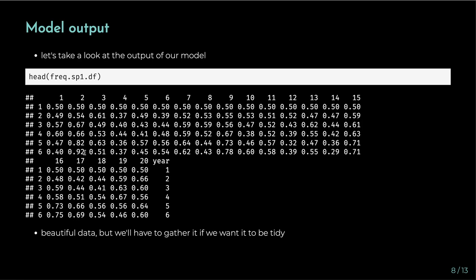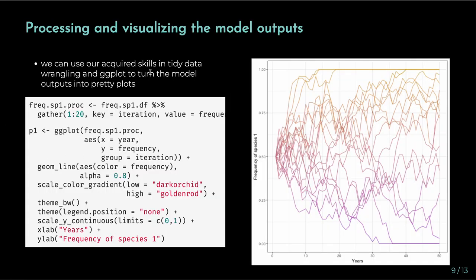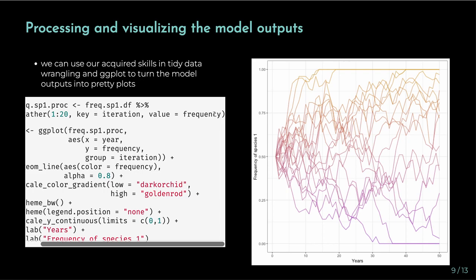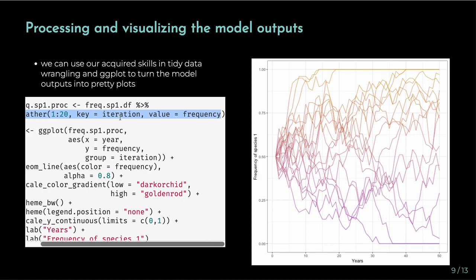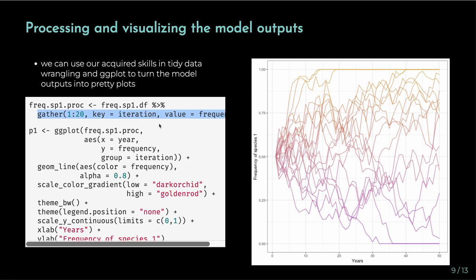So you can imagine that by the time 50 years are over, species 2 probably will be extinct. Now, because we like tidy data, we will want to process this data very quickly. This is what we're doing here. So we're using dplyr to turn this wide format into long format. It only takes one line of code, really, right here. It takes the gather function where we're gathering columns 1 through 20, and we're calling the key iteration and the value frequency.